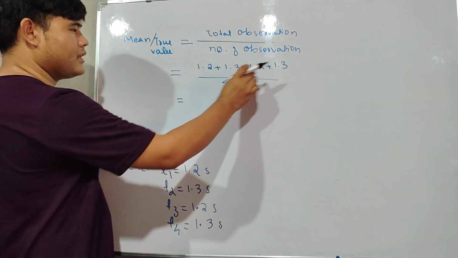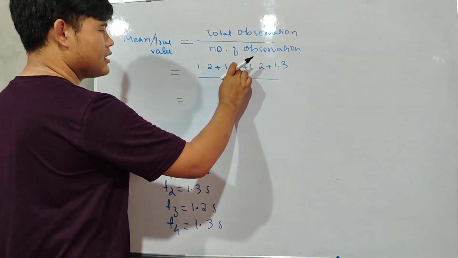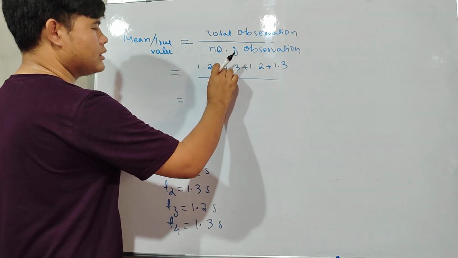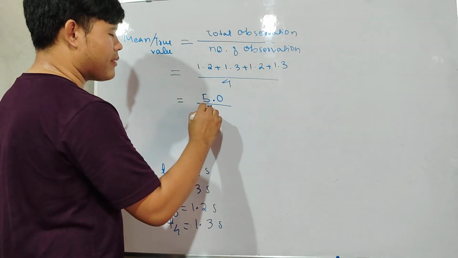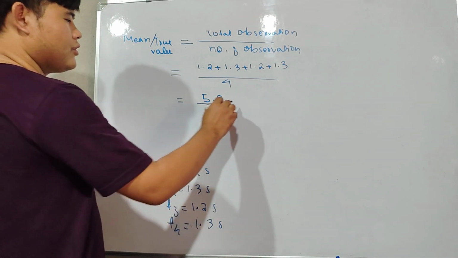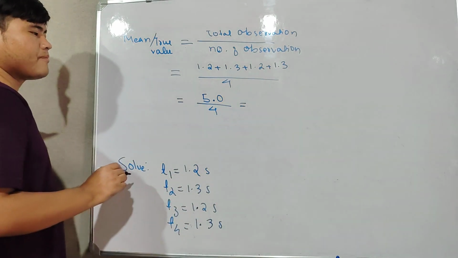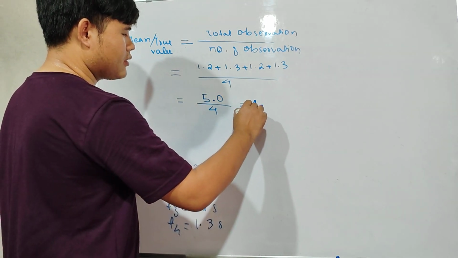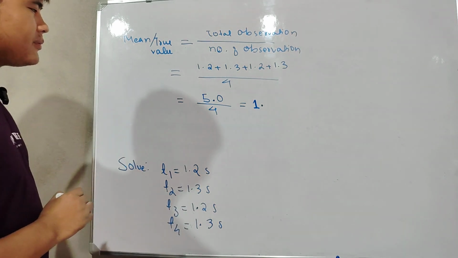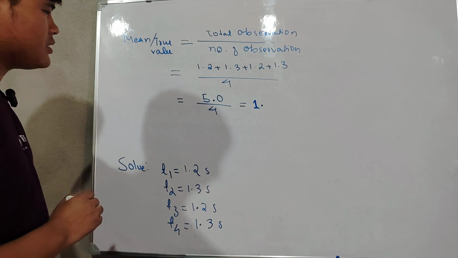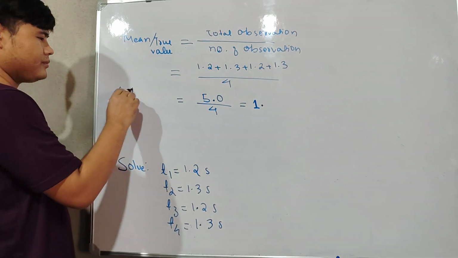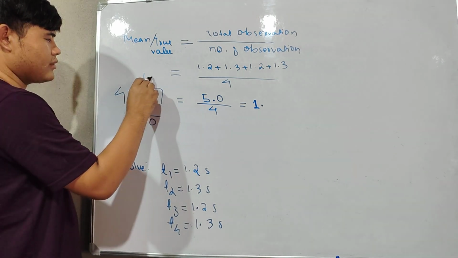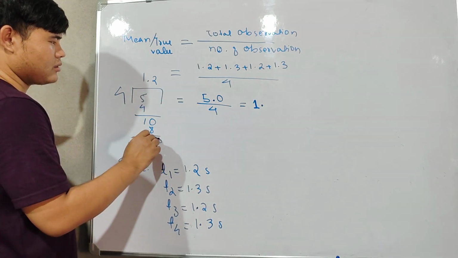So now what will this be? The sum is 5.0, so 5 by 4 we got. So you find it now. 5.0 divided by 4 is 1.25.